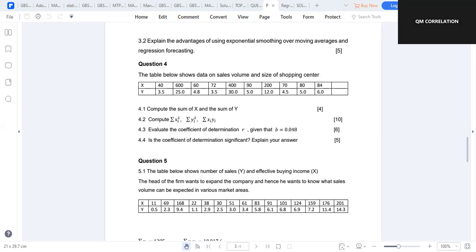Any questions so far? I think it would be better, let's now do the actual one together.